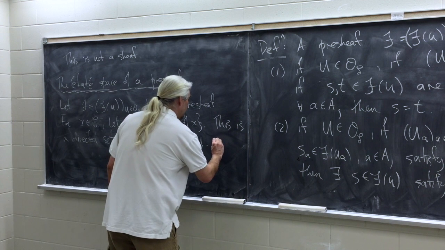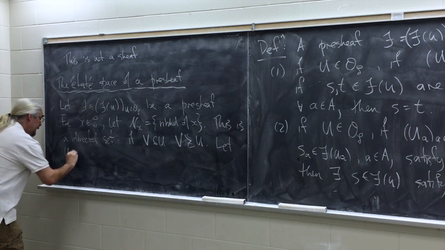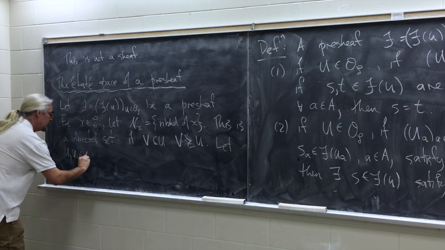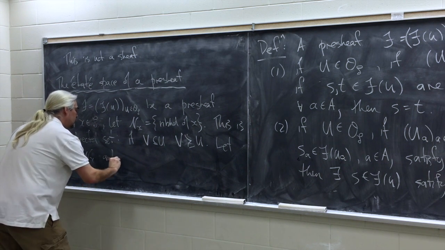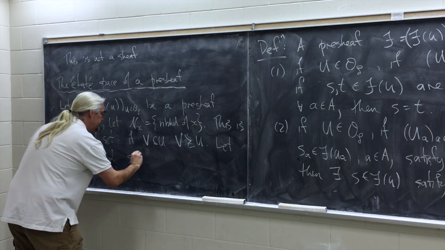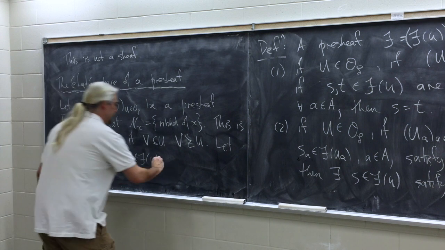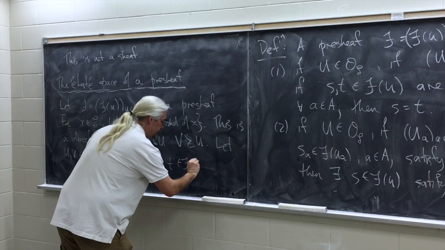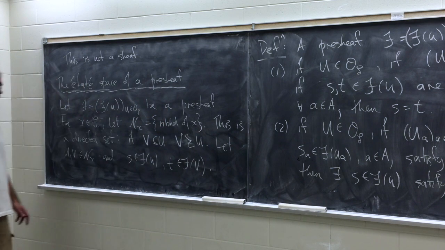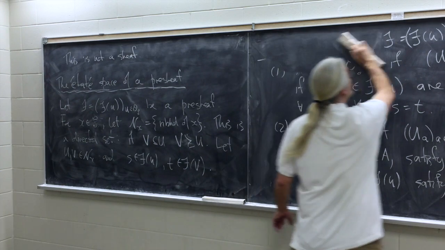All right, now take two open sets, two neighborhoods of X, U and V. And S is a section of F over U, and T is a section of F over V. So we'll call these equivalent.